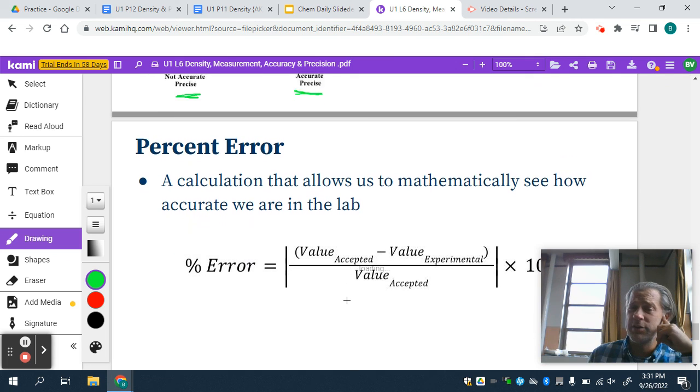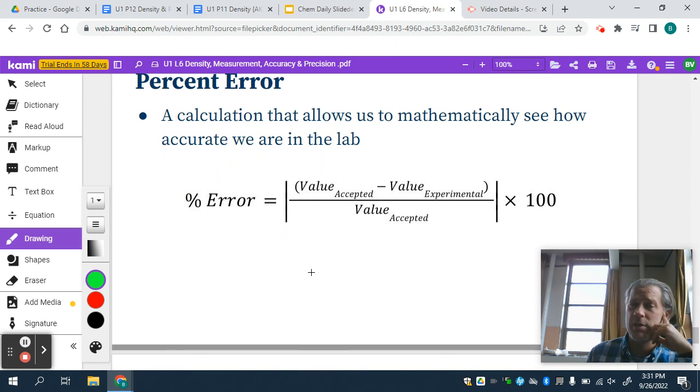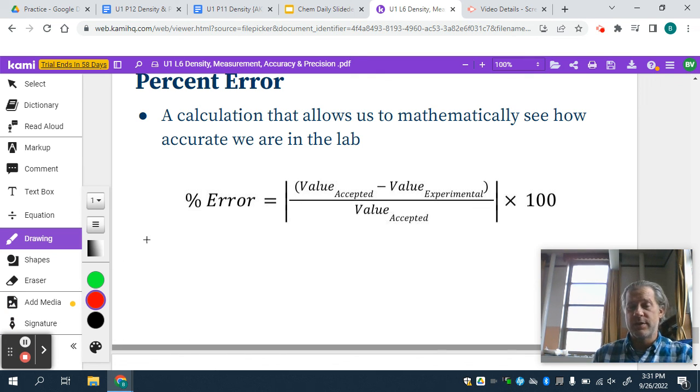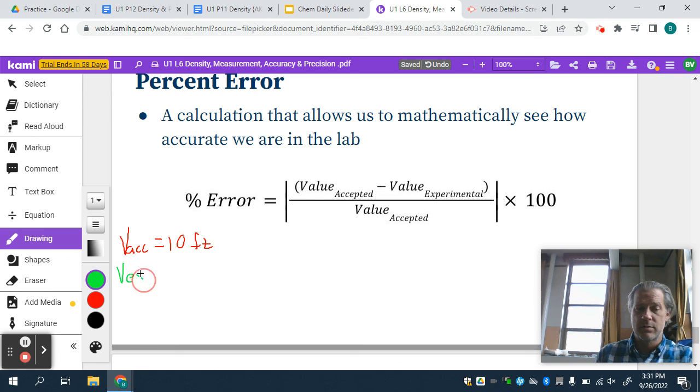Now, percent error is a mathematical formula that allows us to see how accurate we were in the lab. Let's use an example here. If I said that the accepted value for a basketball hoop is 10 feet, and the experimental value of the basketball hoop was 9.6 feet, I can plug that into my formula.